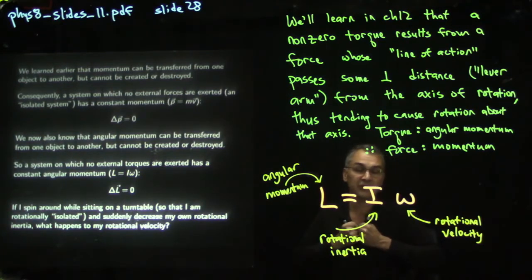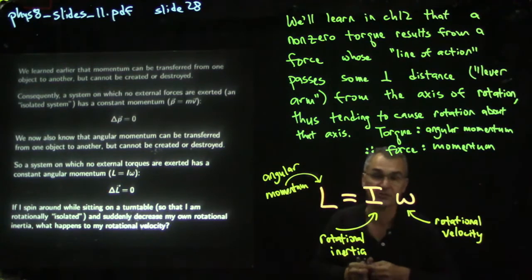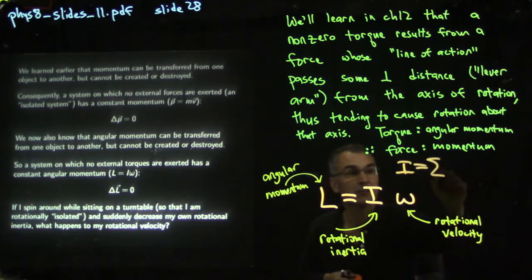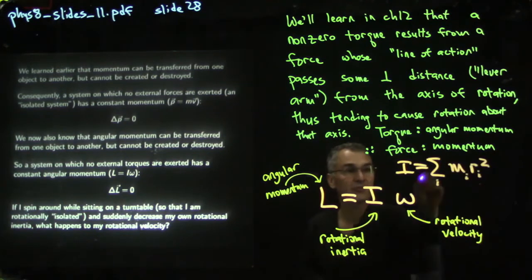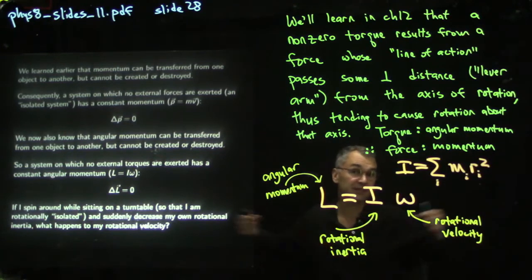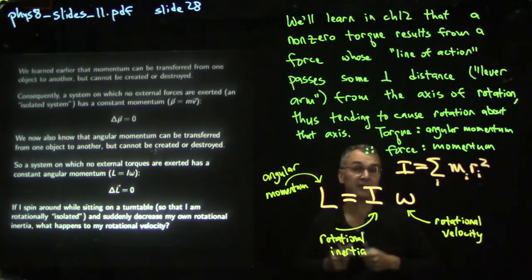And so then ask yourself what that does to my rotational inertia, because the rotational inertia is summing up all the little bits of mass weighted by the square of their distance from the rotation axis that together constitute the rigid body that is me when I am rotating on the turntable.